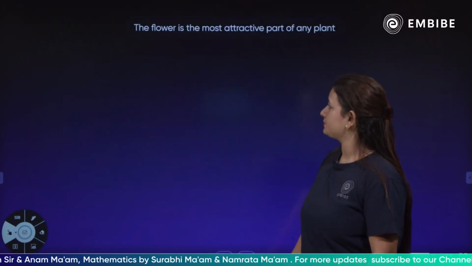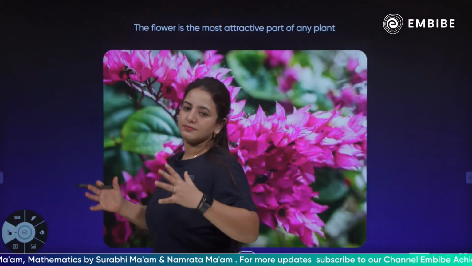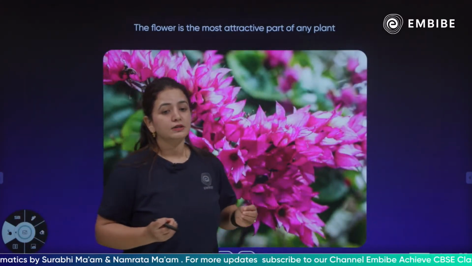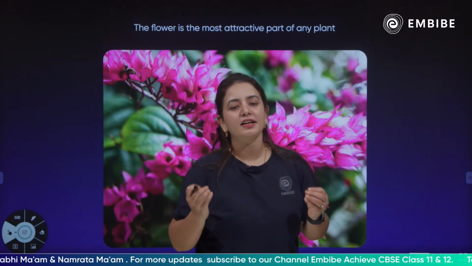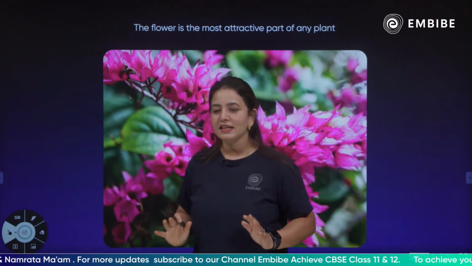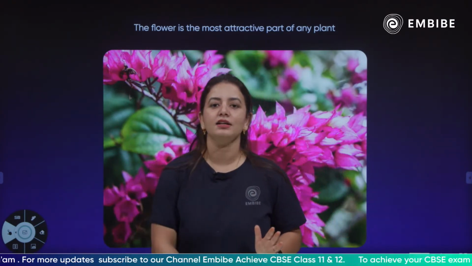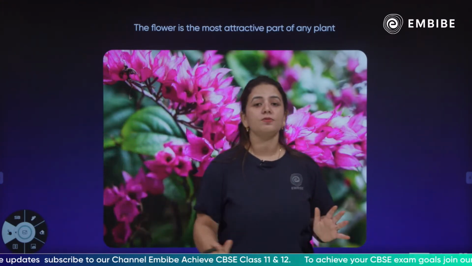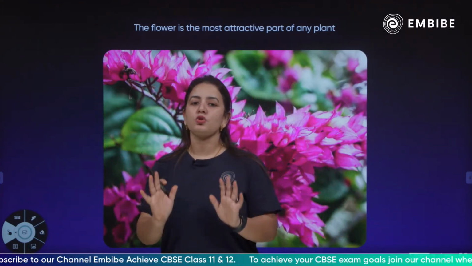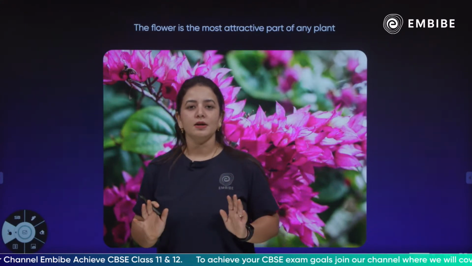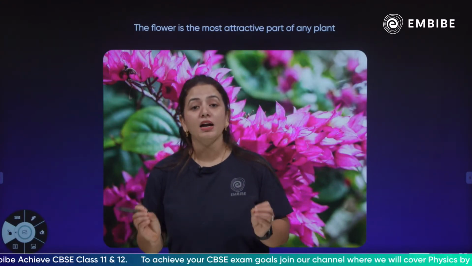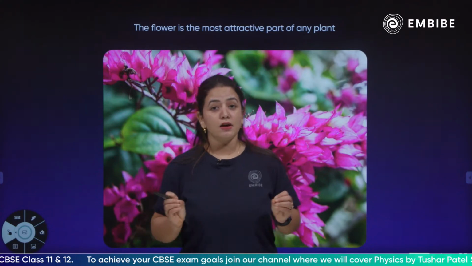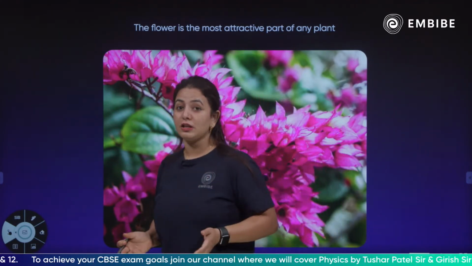Talking about what exactly is the flower. Children, you know the flower is of course the most attractive part of the plant. Anytime you walk down a garden or a lane which has beautiful flowers, you stop, you see that, you admire it, because the flower is the most attractive part of the plant. Yes, of course, and also the reproductive part.